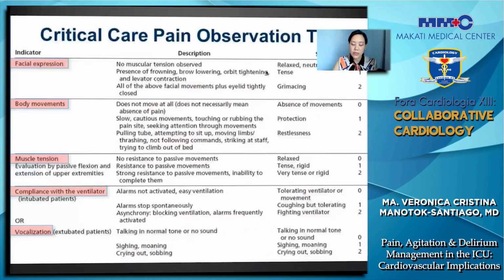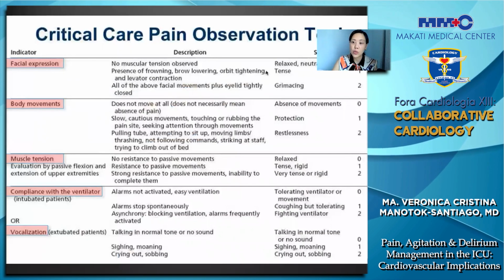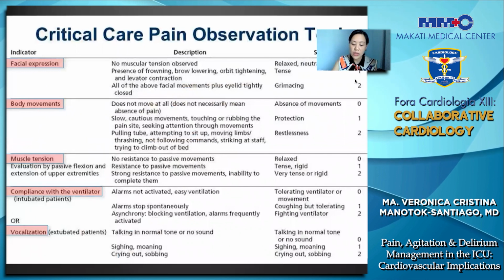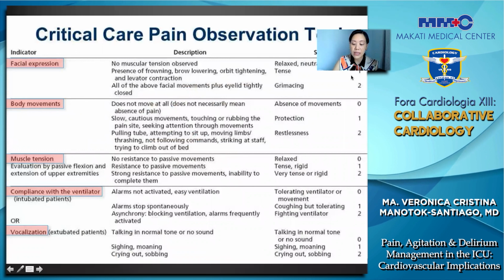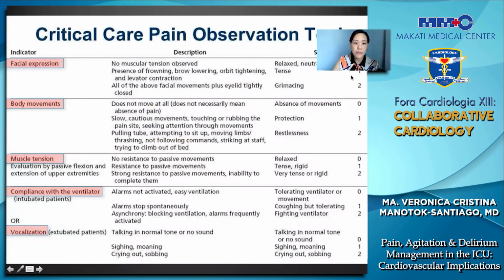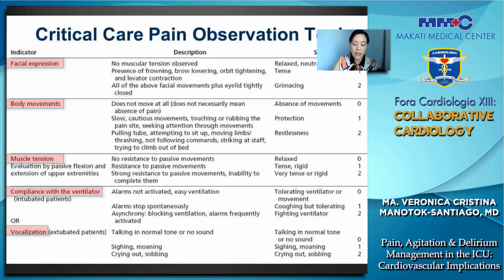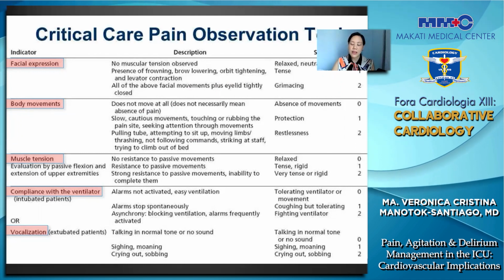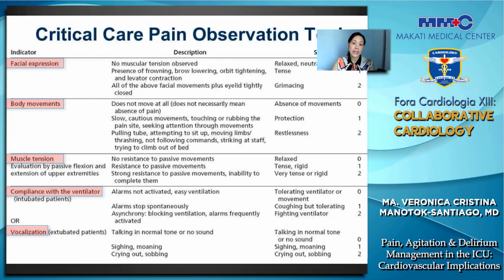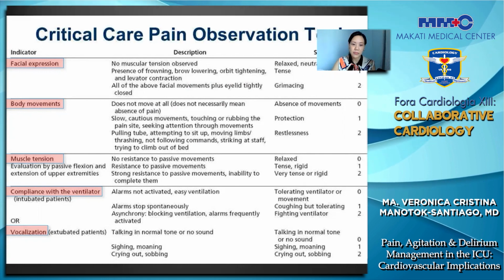There is also the Critical Care Pain Observation Tool or the CPOT, which has components similar to BPS. A CPOT score of more than or equal to 3 is indicative of pain. Both BPS and CPOT scales can help guide us as to the selection of our agents, as well as the evaluation of their effectiveness in treating the pain.